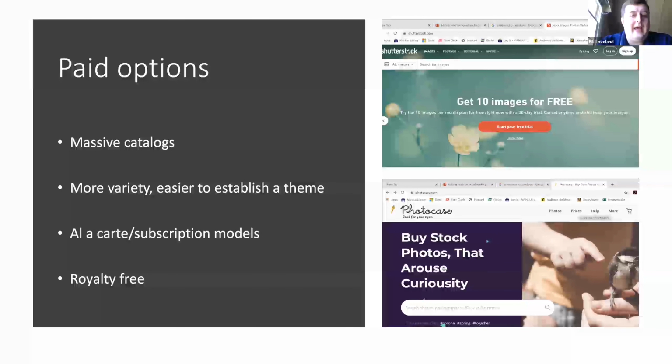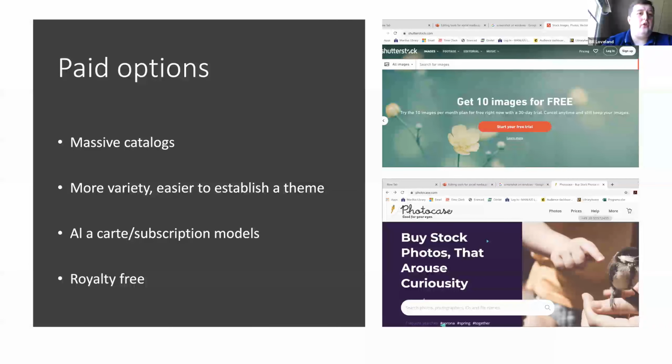And then Photocase is a German-based platform. They have a curated collection of images with a defined aesthetic, which may be worth looking into if you're looking to establish a consistent theme in the persona of your business's digital image. It's the closest that stock photos get to the cutting edge, and it's highly regarded in the advertising industry.